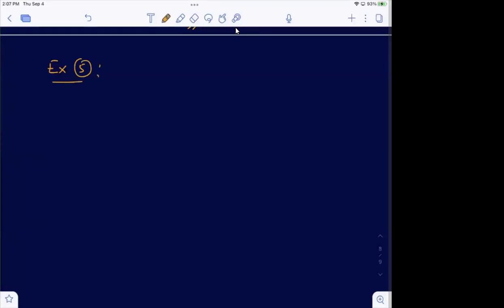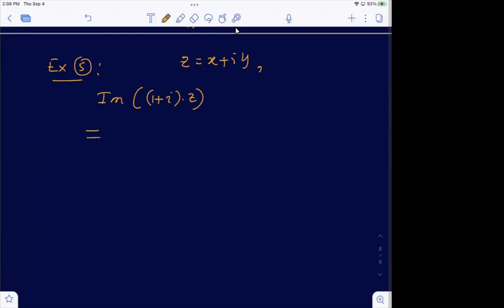What about the imaginary part of this number? 1 plus i times z. Again, z is none other than x plus iy. Then you can simplify this. Before talking about the imaginary part, just simplify this number.